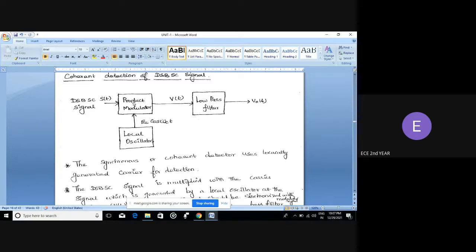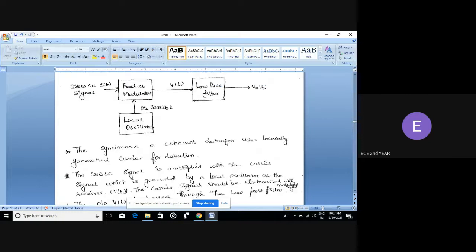So the product modulator has two inputs: the double sideband suppressed carrier signal and the local carrier signal. The output is the product of these two signals, which we call V of t. This is then given to the low pass filter, and finally the required output V of t is obtained. This is the original information we transmitted in the DSB modulator.